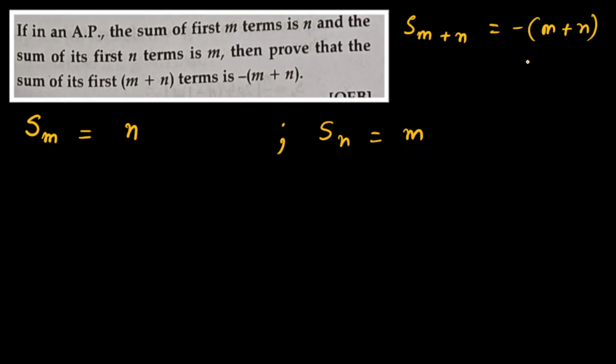I hope you have understood the question. So the sum of m terms is n, and here the sum of n terms is equal to m. We have to prove that the sum of m plus n terms is equal to minus of m plus n. So this is the question. This part we have to prove. This you have to write as 'to prove'.